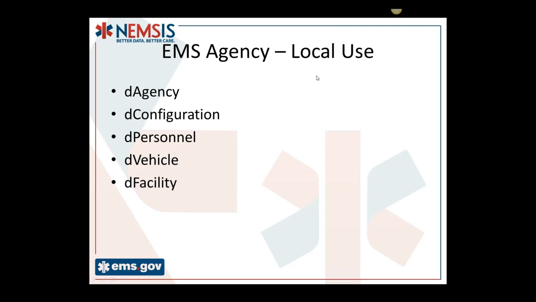Also important at the state use is D-agency and D-configuration, but also D-personnel, D-vehicle. This is information that states want to know as well. As I said, there are many states that provide permit information for a vehicle, and that information can then be tracked in there and be transferred over.